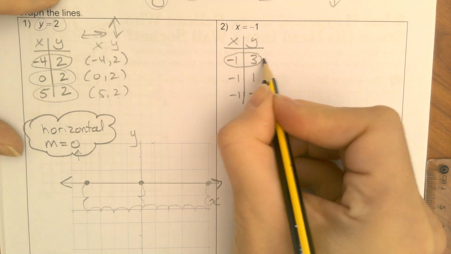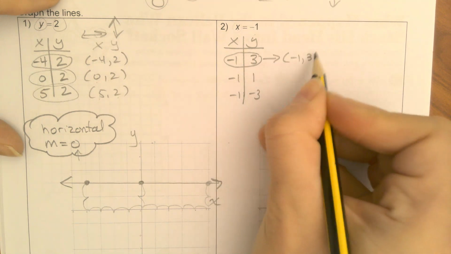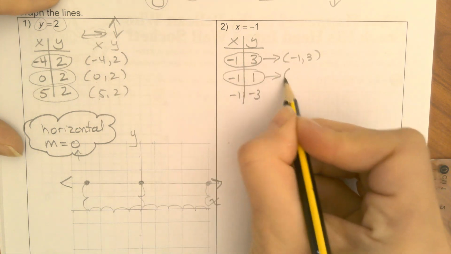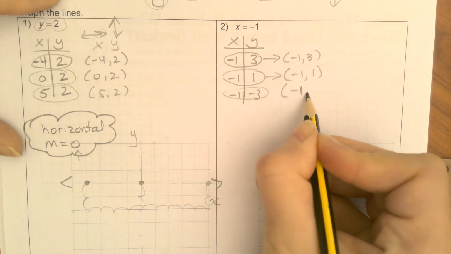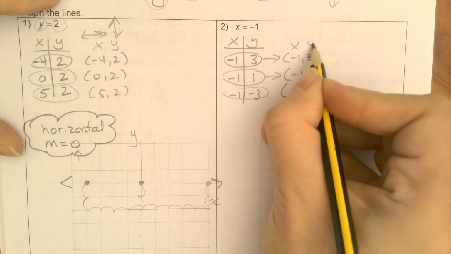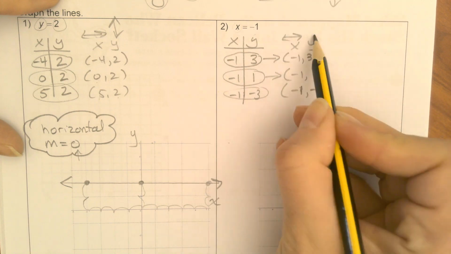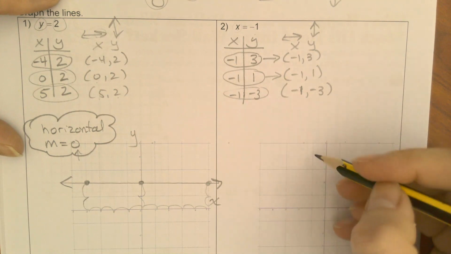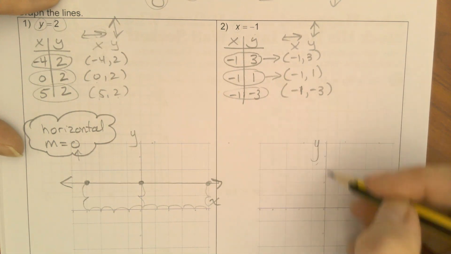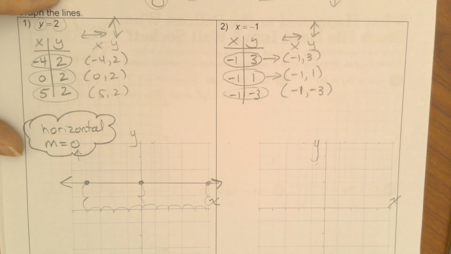So this makes the points -1, 3, -1, 1, and -1, -3. So that's x, that's y. X is about left and right, y is about up and down. Okay, y looks like this. So y is here, here's my x-axis.